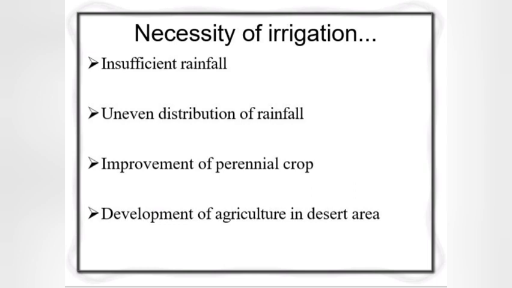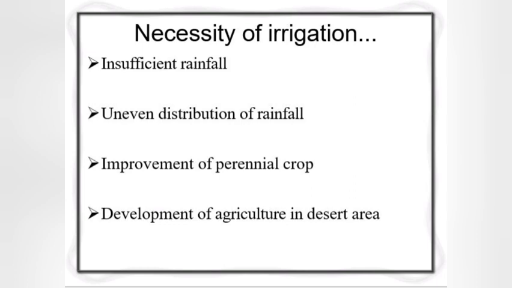Some kinds of crops need more water, and in some conditions the water supply is also supposed to be controlled depending upon the crops. So even in that condition we need to use irrigation system works.